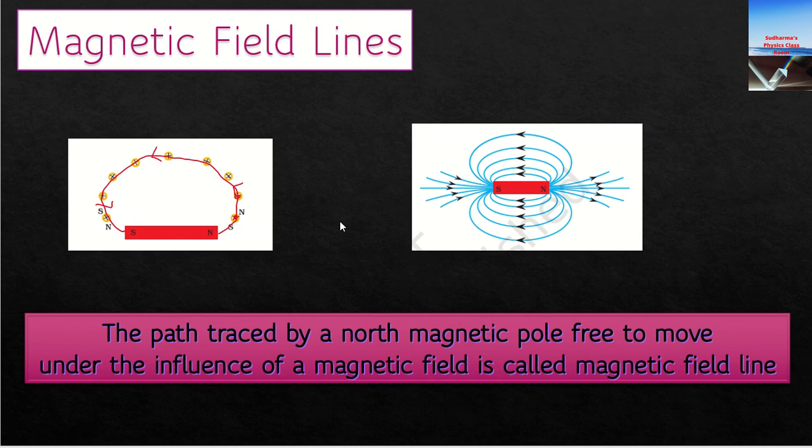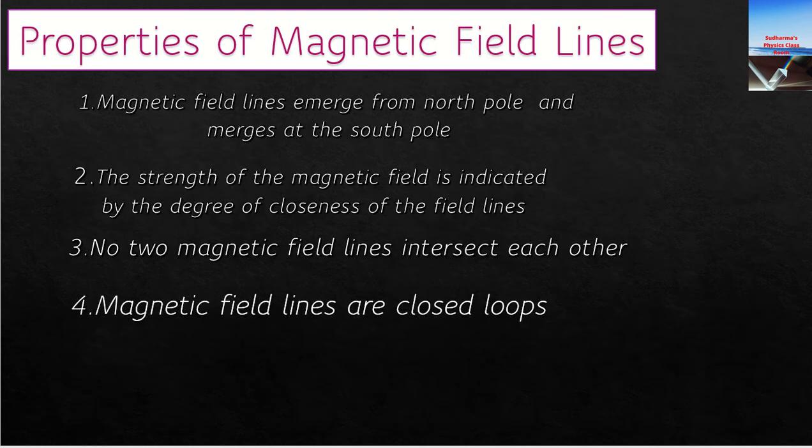Okay. So what we have observed here is the magnetic field lines will be from north to south outside the magnet. And a very important property of magnetic field is that magnetic field lines are closed curves. Let's see one by one what the properties of magnetic field lines are. These are the repeated questions of our exams. Explain the properties of magnetic field lines.